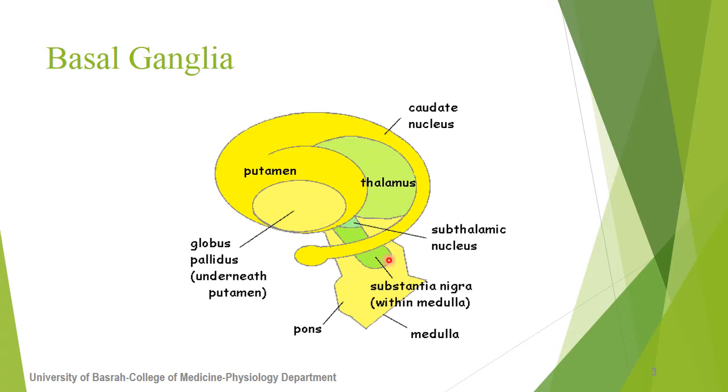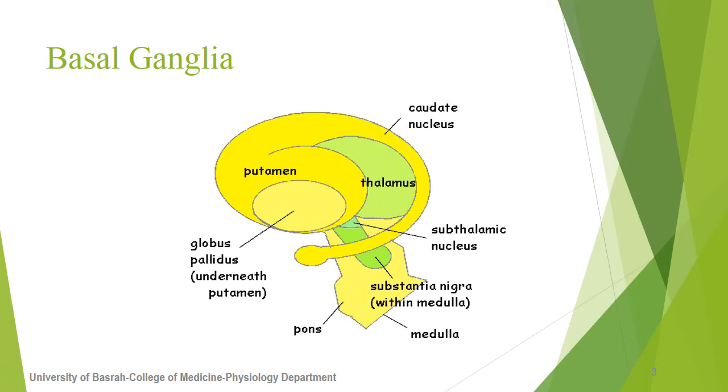And the last one, this extension here, greenish in color, is called the substantia nigra, which extends slightly to the medulla oblongata. As we can see, this is the pons and this is the medulla oblongata here. So we have 5 main nuclei within the basal ganglia.